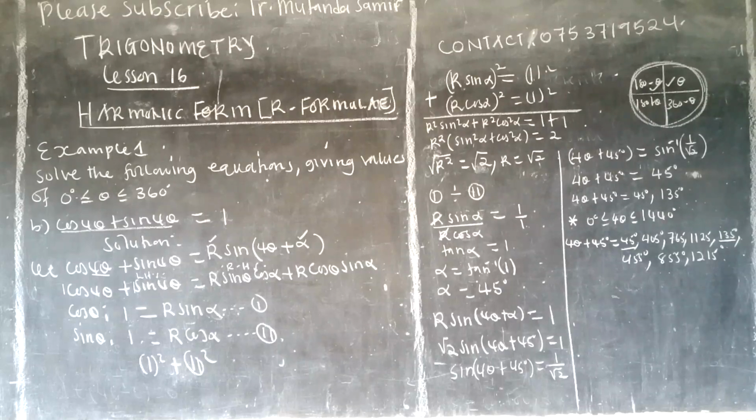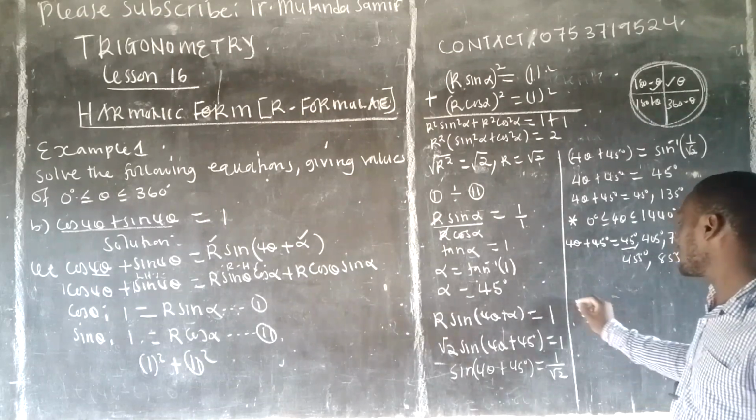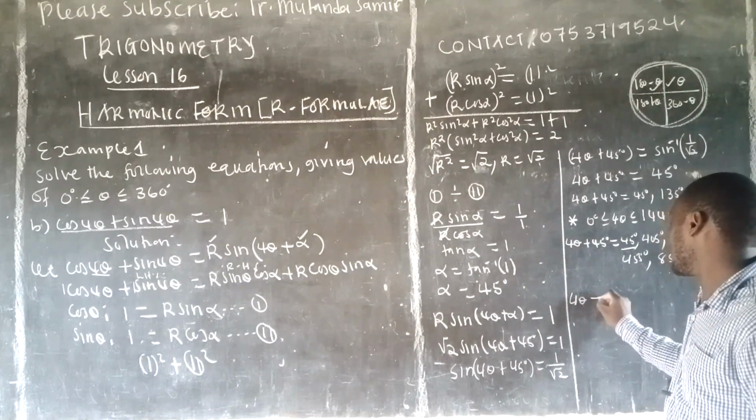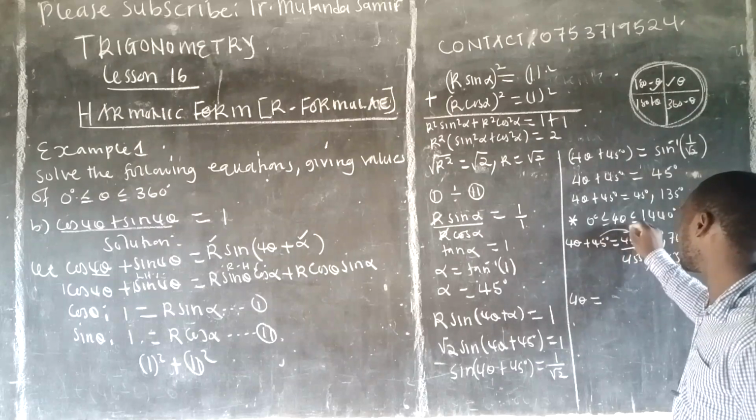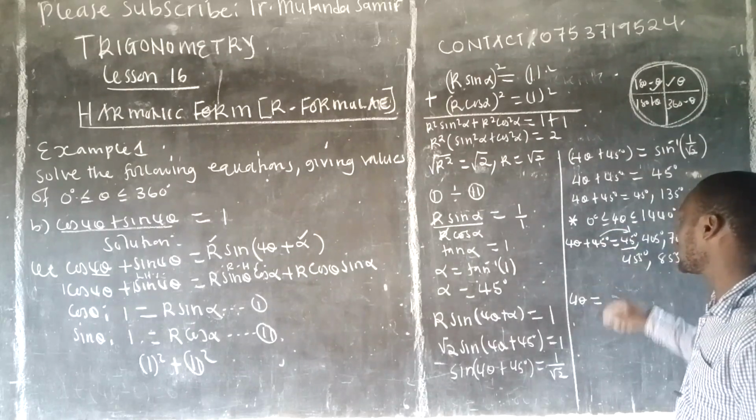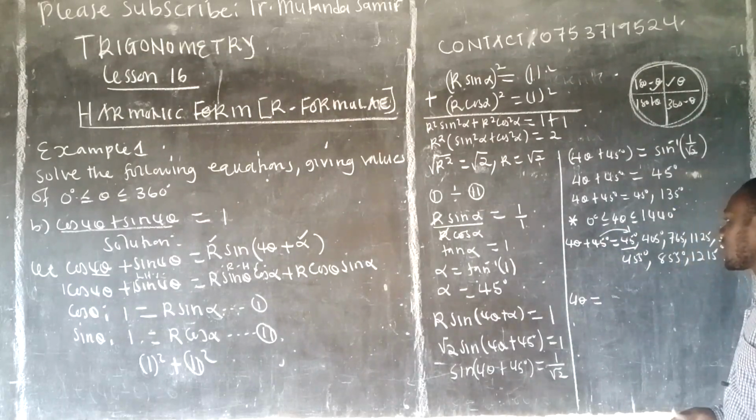All right, great. Then we shall now say 4θ is equal to, remember, when this 45 comes this side, it is a plus, plus the equal sign to subtract. So we come and subtract here.